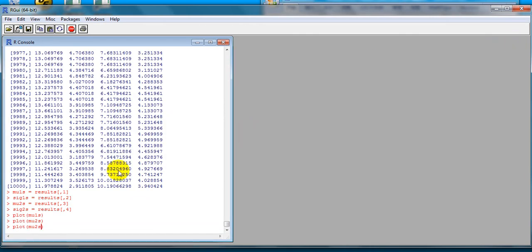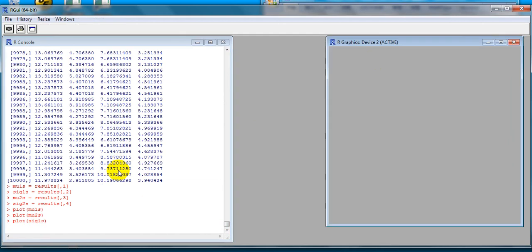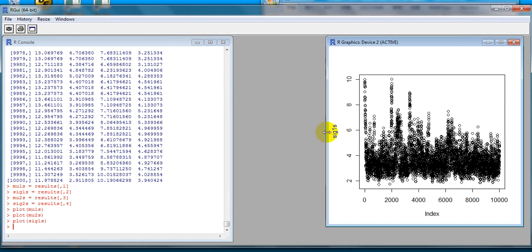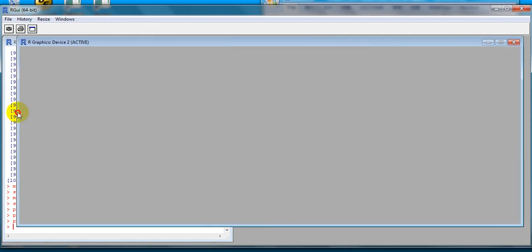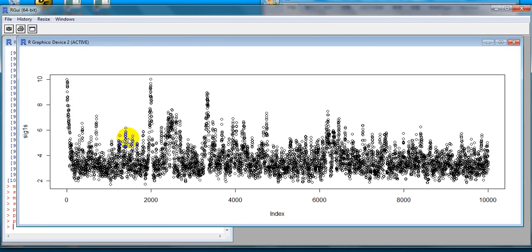The more obvious one, I think, is sigma. Let's look at sigma 1. See, that's much clearer for the burn-in part, because you can see that clearly the density for sigma 1 is far away from 10. It's much smaller, right? It's actually between 2 and 4. If the original value is 10, it will decrease, randomly but gradually, until it becomes stable.